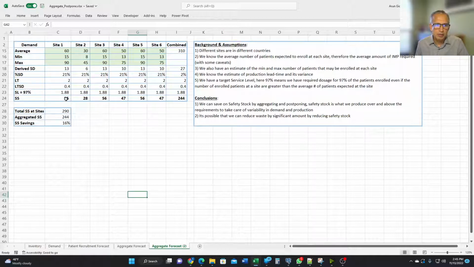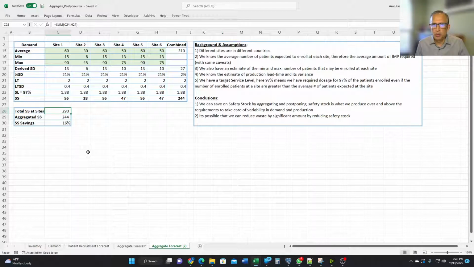So here, if we were to manufacture and stock the inventory after packaging and labeling at each of the sites, then the total number of extra doses required will be here at site 1 for 56 patients, for site 2 28, and so on, for a total aggregate of 290.